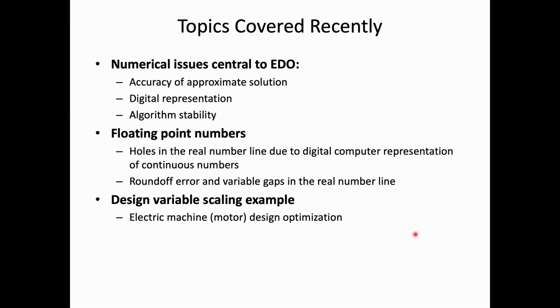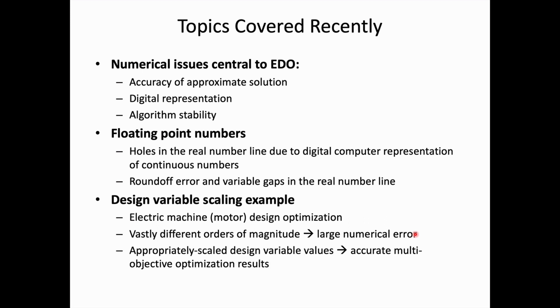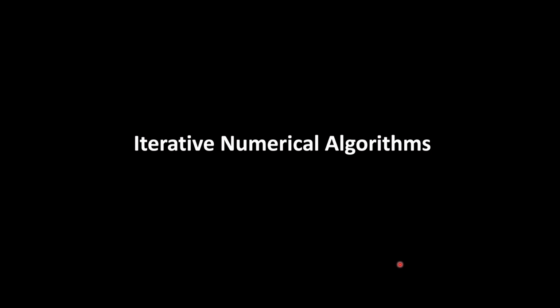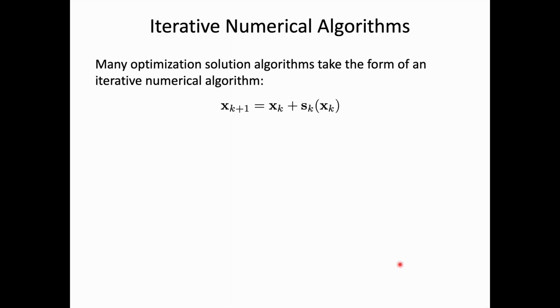It focused on an electric motor design optimization problem, and because of these vastly different orders of magnitude, we really did not converge to solutions that were anywhere close to the correct solutions. And then we went through and rescaled the problem and saw that with appropriately scaled design variables, we obtained accurate multi-objective optimization results. Now let's talk about iterative numerical algorithms.